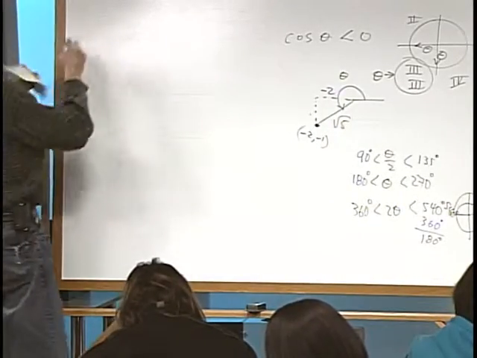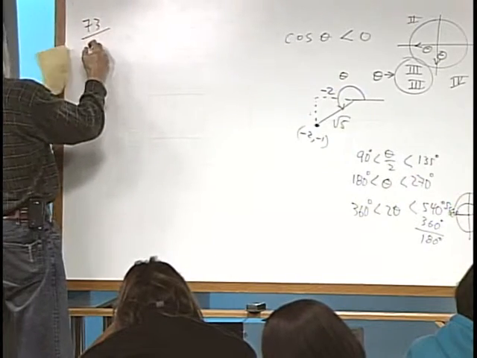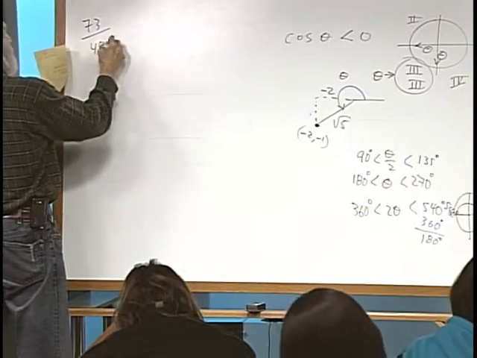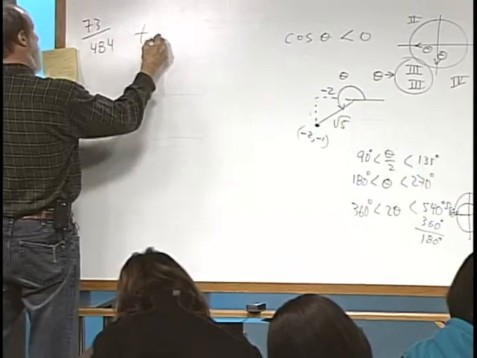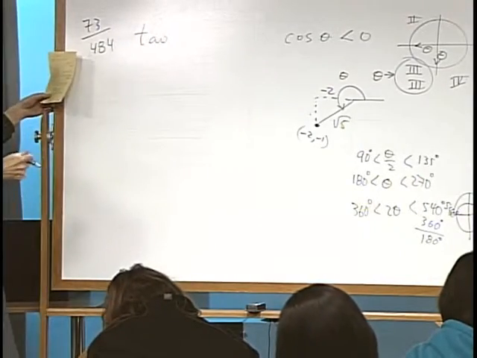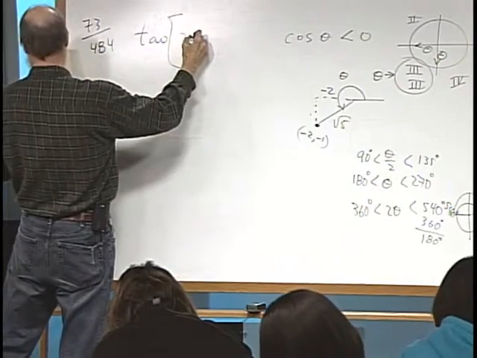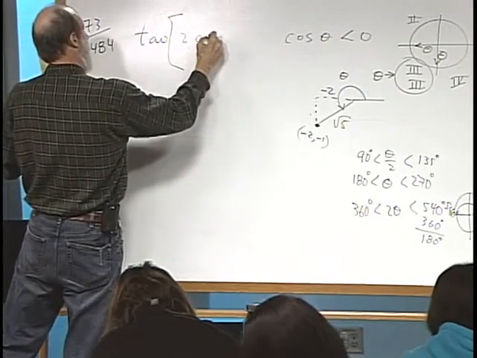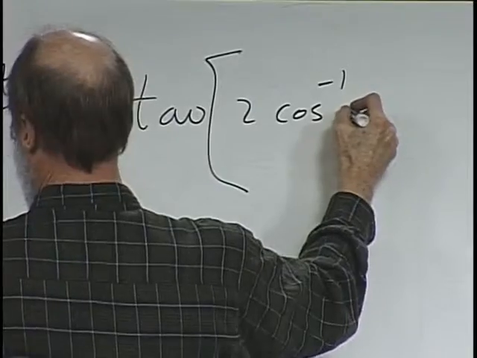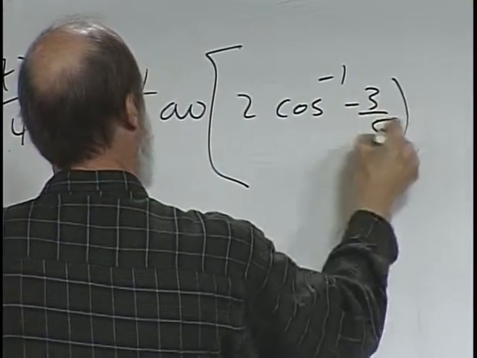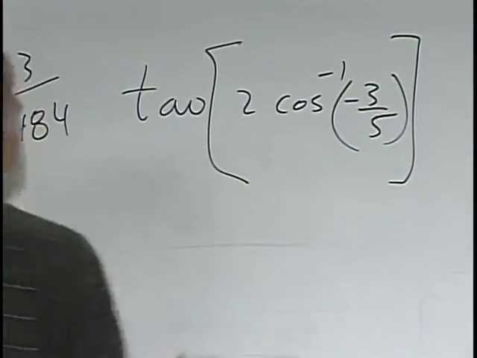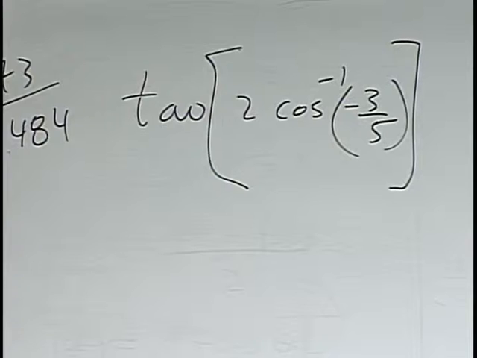Number 73 on page 484 asks us to figure out the tangent of an angle. And here's the angle, twice the inverse cosine of minus 3/5. If you can do this, you're in very good shape.